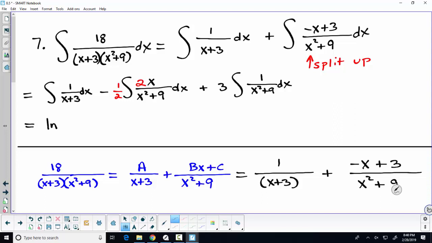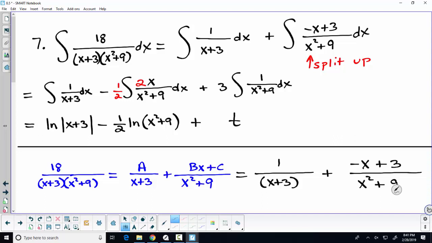So we've got the natural log absolute value of x plus 3, minus 1/2 ln x squared plus 9, plus, what do we get for that third one? What is it? 1 over 3 arctan x over 3, yeah. So we've got a 1/3 arctangent of x over 3, which cancels with this 3 right here.